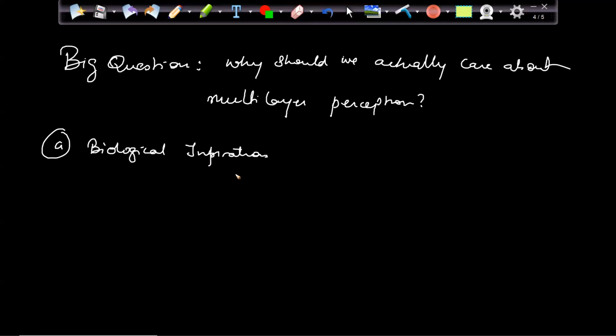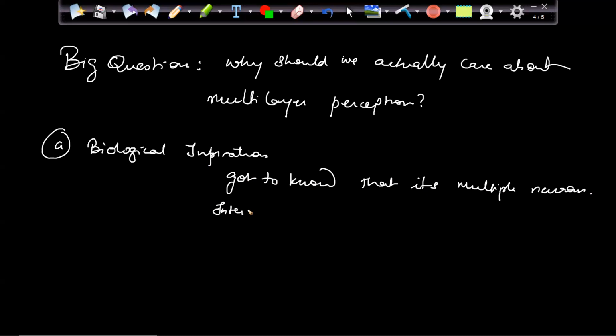They got to know that it is not a simple single neuron, it's multiple interconnected neurons that make things more powerful. That is my first argument why multi-layer is really important.